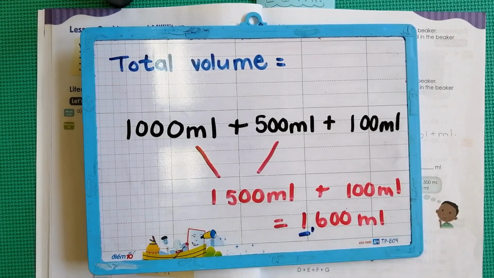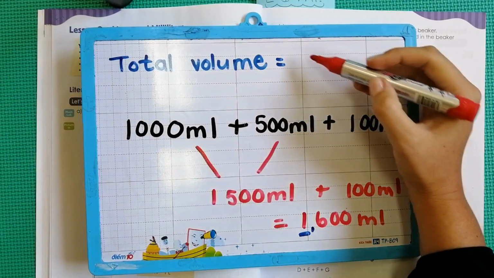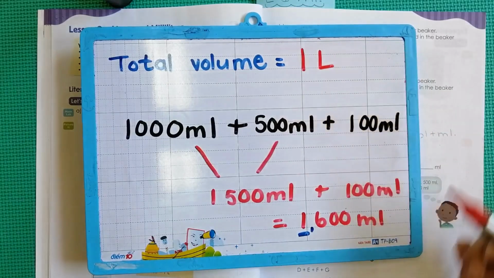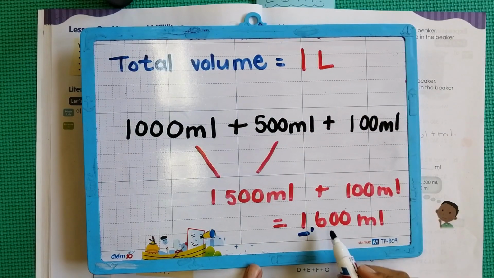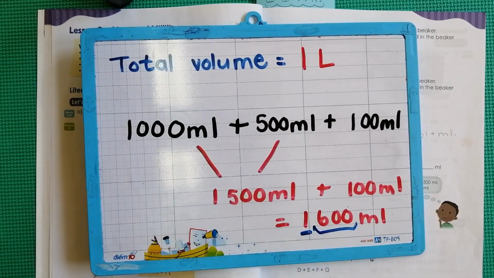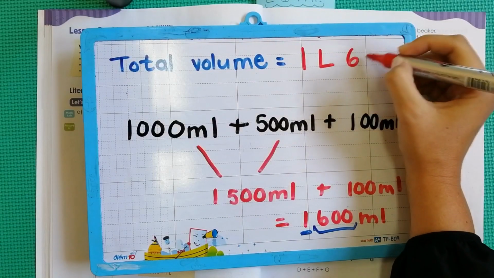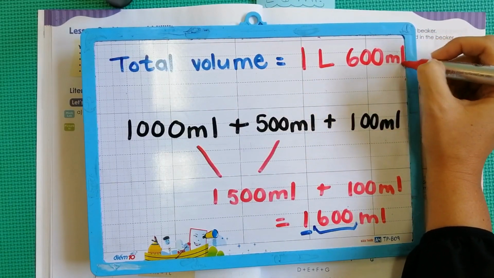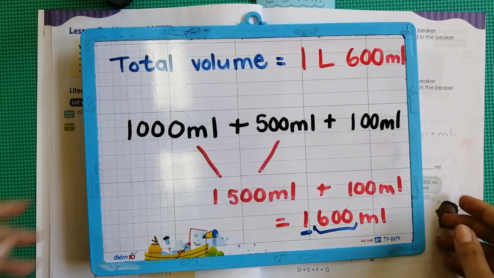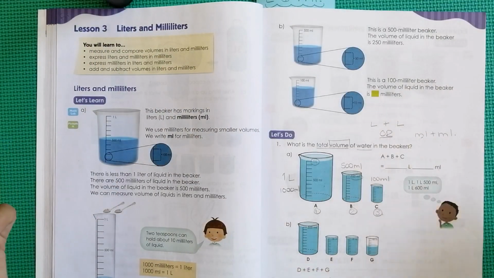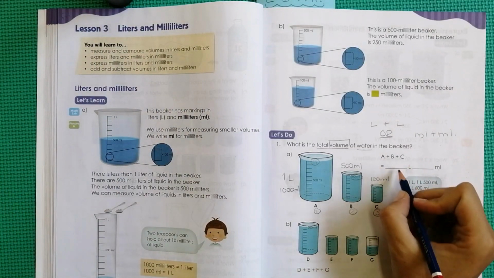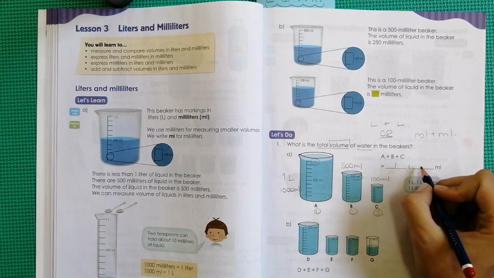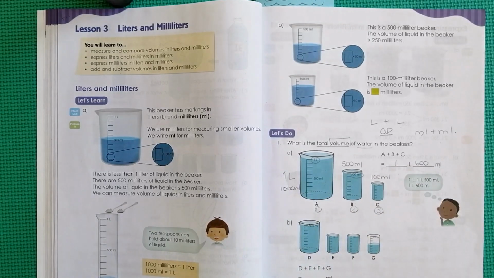How many liters are in 1,600 milliliters? There is 1 liter. How many milliliters are left? There are 600 milliliters. Okay, so the answer would be 1 liter, 600 milliliters.